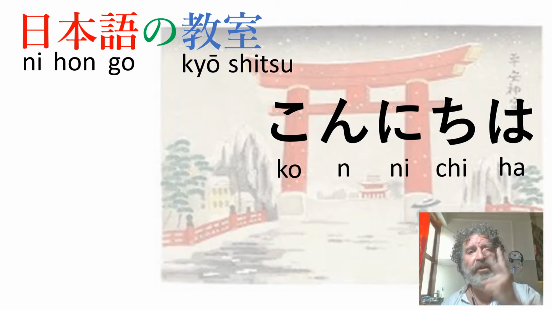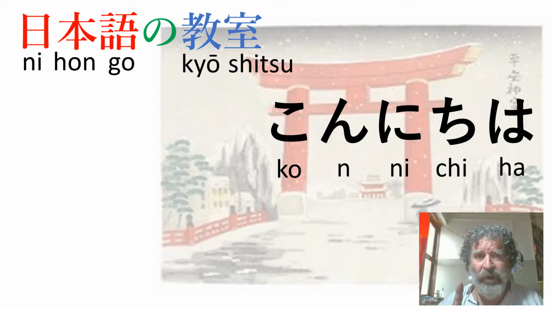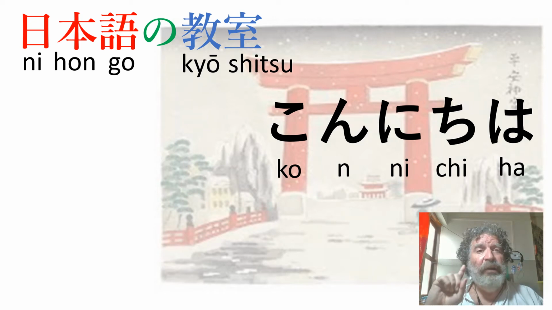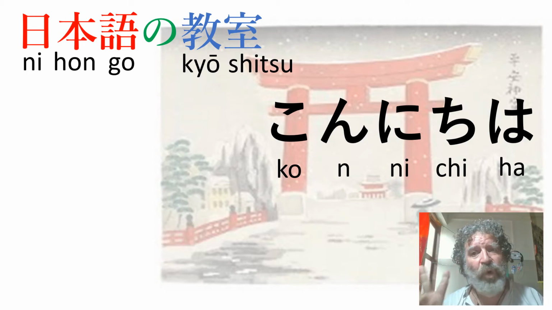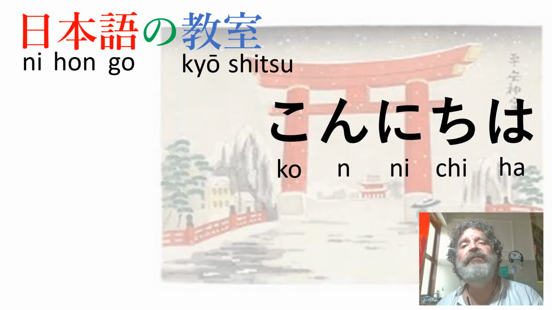Now we have particle number 2. Particle 1 was no, which is to indicate a possessive. Particle number 2 is wa, and that is to denote the topic of the conversation.